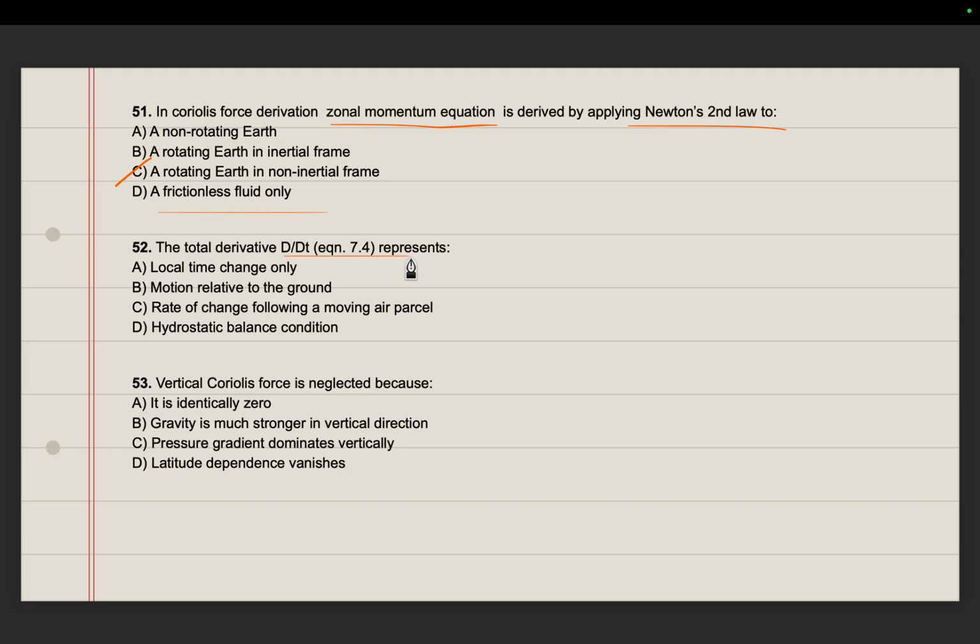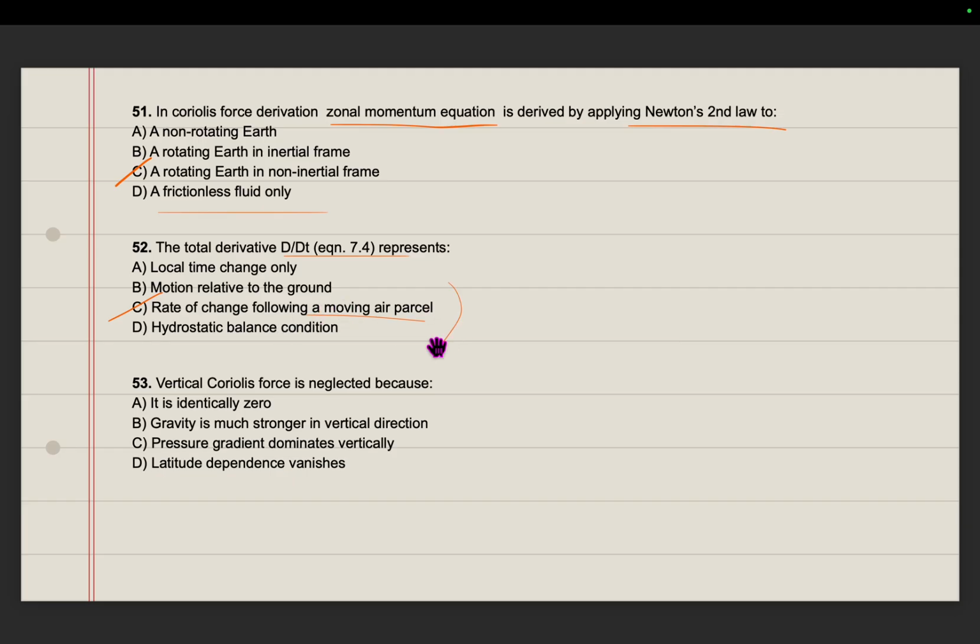It represented local time changes only, motion relative to ground, the rate of change following a moving air parcel, or the hydrostatic balance equation. Option C: the total derivative was used to estimate the rate of change following a moving air parcel.